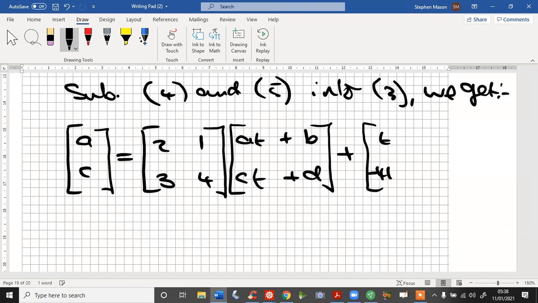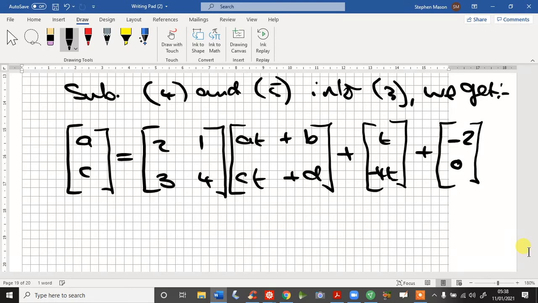Actually, it's minus 4t, isn't it? And we add on the vector minus 2 and 0.